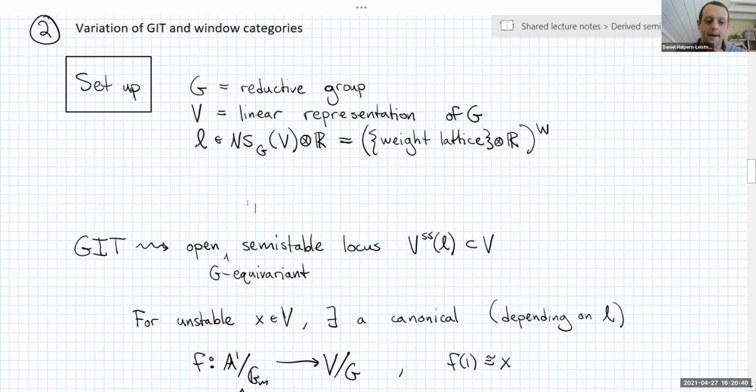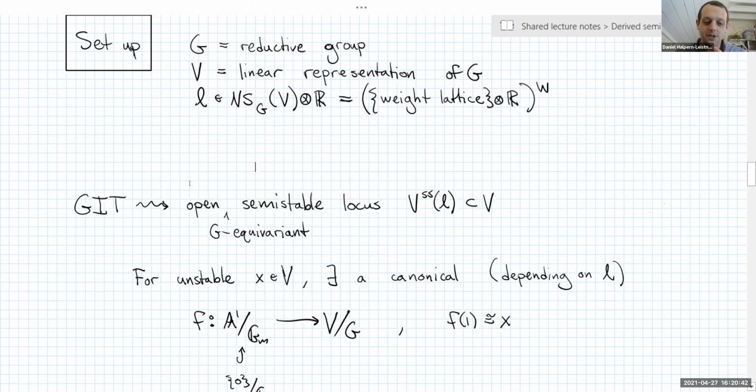Without actually explaining what GIT is, because that would not be helpful if you haven't seen it before, GIT provides a G-equivariant open semistable locus. So it's some open thing.